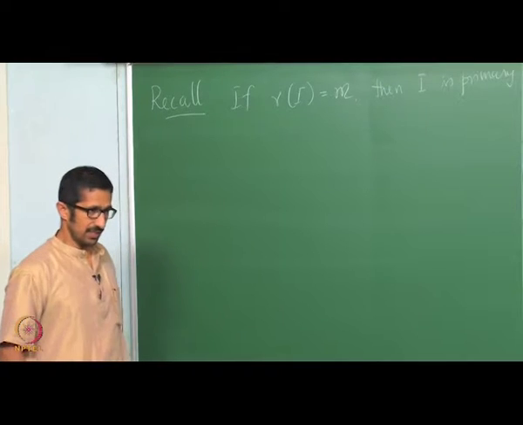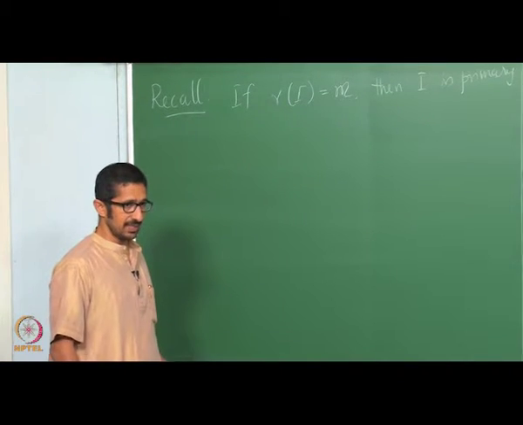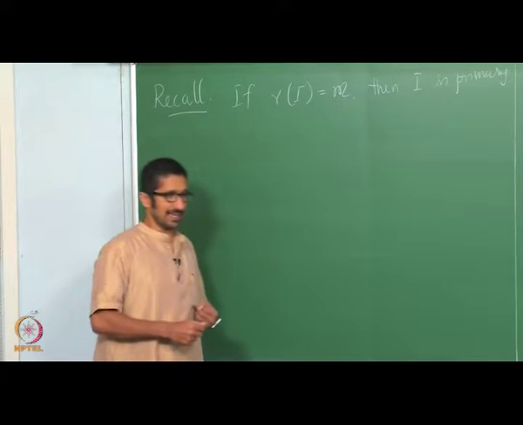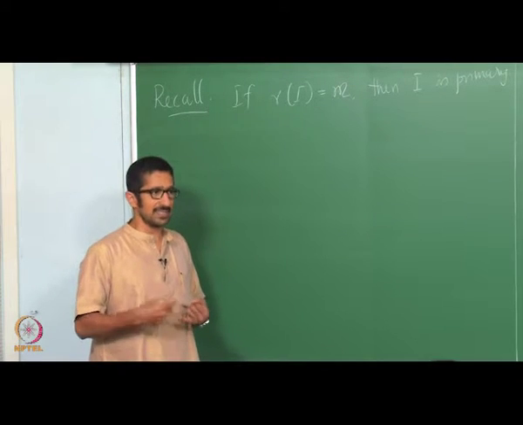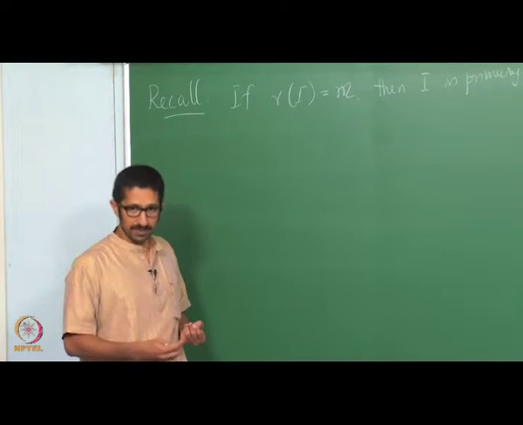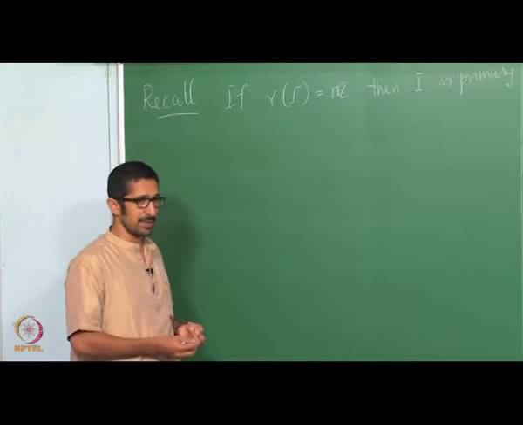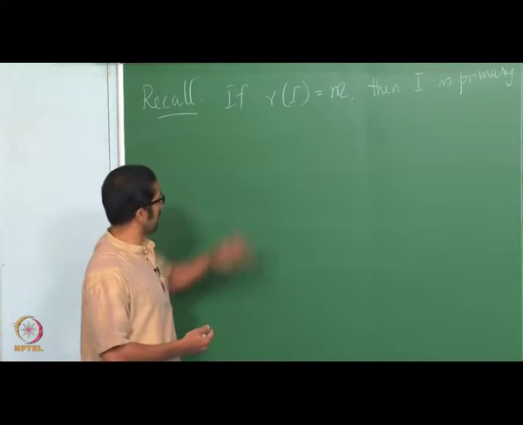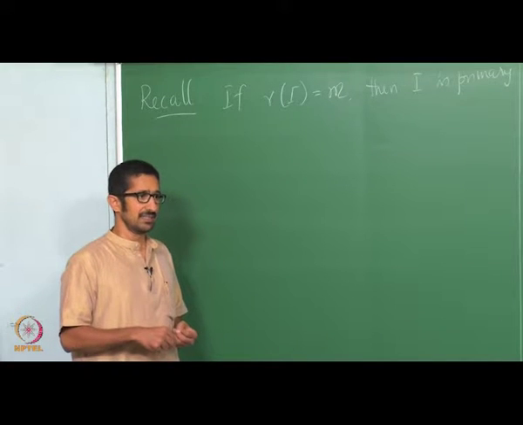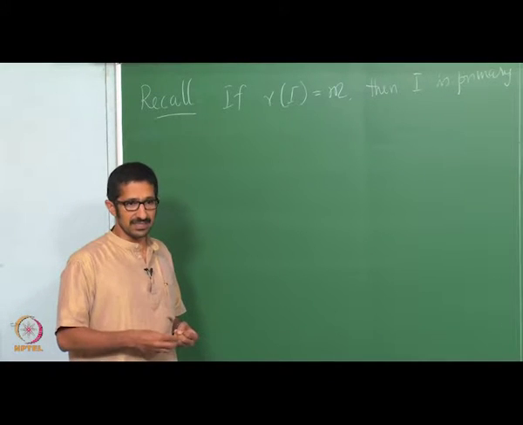Last time we also saw an example where the radical being prime does not really imply that the ideal is primary, but if the radical is maximal, then the ideal is primary.